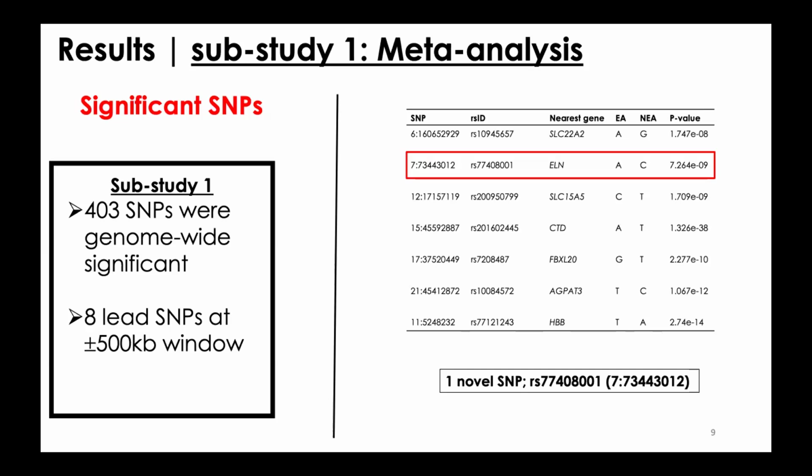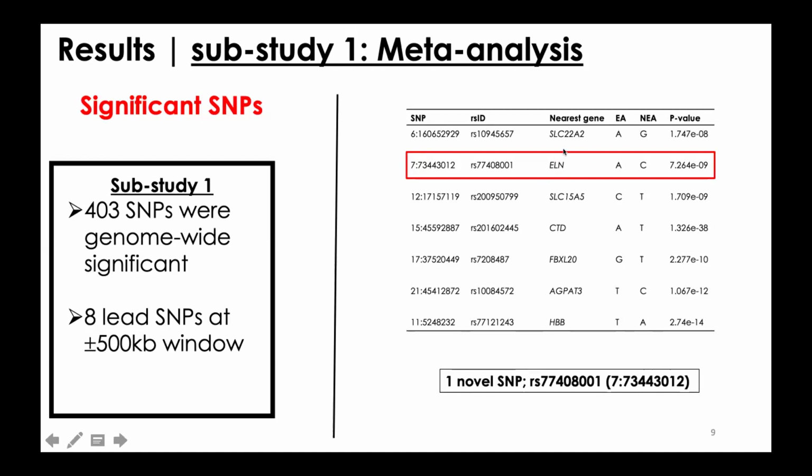For example, we checked against databases, like the GTEx portal, just to see what is existent right now. Have they been reported to be associated with chronic kidney disease or eGFR at all in Africans? Indeed, 7 of them were, and only 1 was not yet reported to be associated with kidney function in Africans. And we call that our novel SNP here.